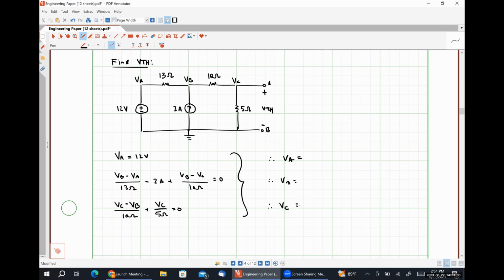Solving this system, I get 12 volts, no surprise there, 285 over 14 volts here, and 95 over 14 volts here, where once again VC is the same thing as V Thevenin. Okay.